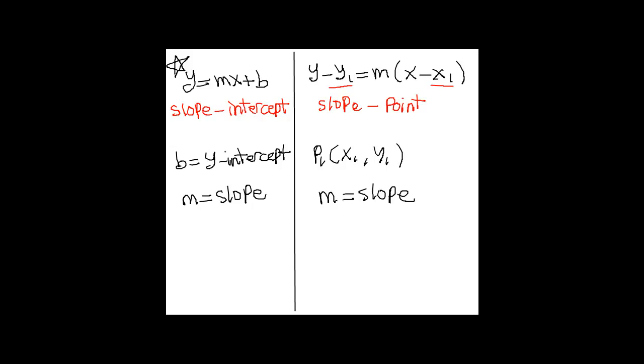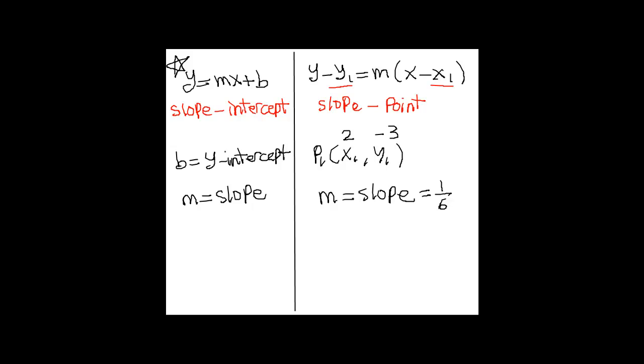For the same problem we did earlier, when the slope was given to me as 1/6 and 1 point was given to me, I can treat that point to be (2, -3).